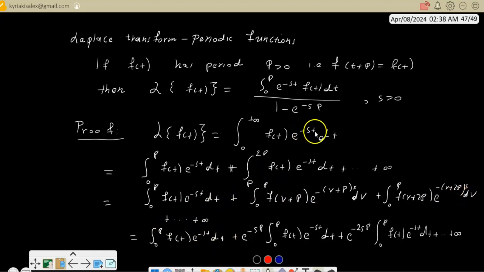And because the function is periodic, I use this relationship, and I have the first integral from 0 to p, then e to the minus sp times the same integral, plus e to the minus 2sp times the integral from 0 to p of f of t e to the minus st dt, and so on.